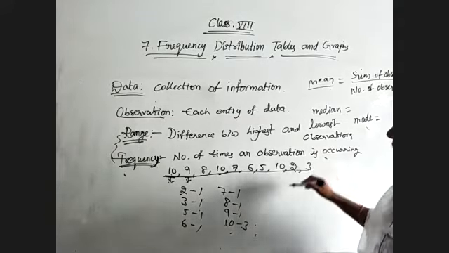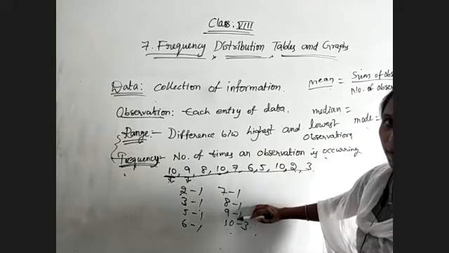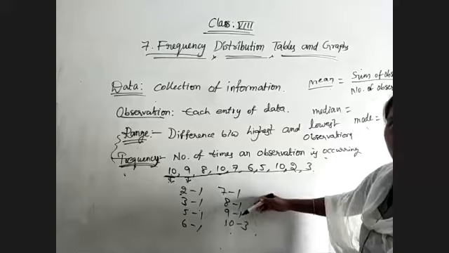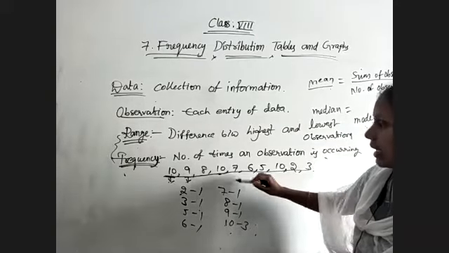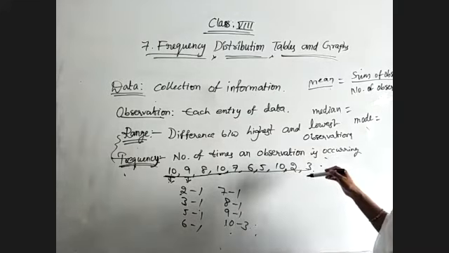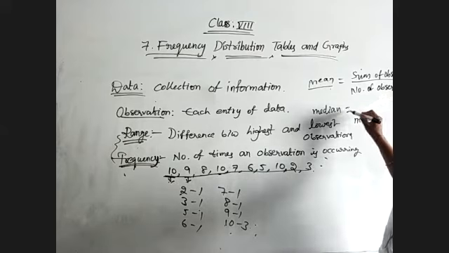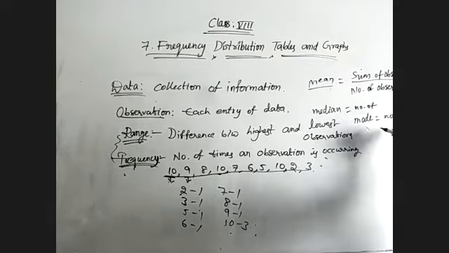And mode does not depend upon the value of the observation. If 9 occurs more number of times than 10, then you will get 9 as the mode. So here it does not depend upon the value of the observation as well as the number of observations. Median depends upon the number of observations, but mode is not affected by the number of observations as well as value of observations.